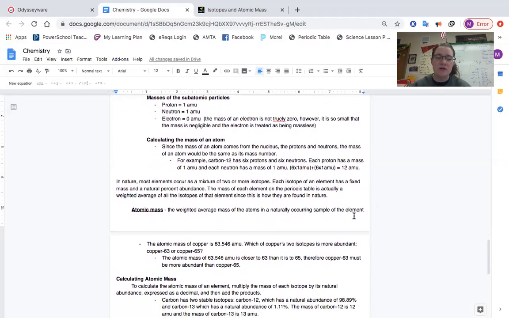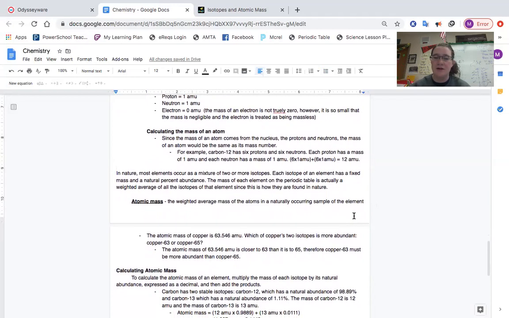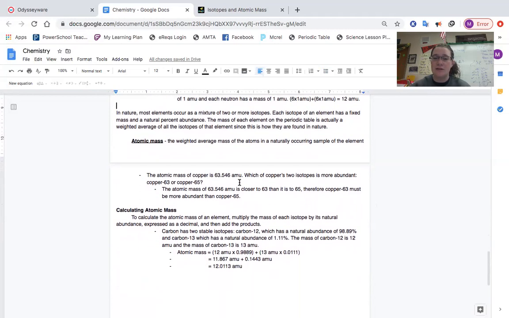However, in nature, we don't really see this happening, or I guess that's not the mass that we report on the periodic table. And so why is that? In nature, most elements don't exist as one type of atom. They exist as multiple isotopes of that element, so they have different numbers of neutrons. In nature, most elements occur as a mixture of 2 or more isotopes. Each isotope of an element has a fixed mass and a natural percent abundance.